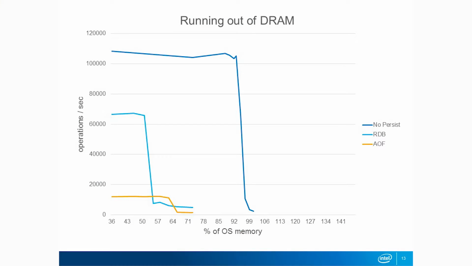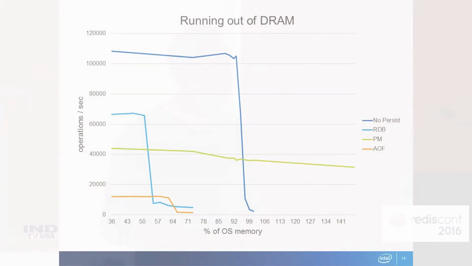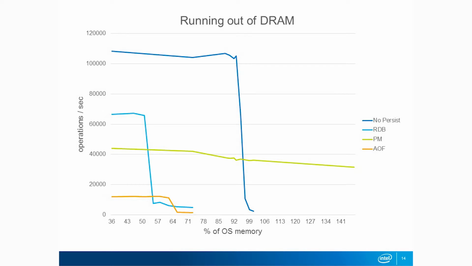With RDB and AOF, the drop of performance was observed at around 50–60% of the available RAM. And for the persistent memory version, because it doesn't use RAM and stores data in a separate device, the performance is stable, even when the size of the dataset is around 150%.